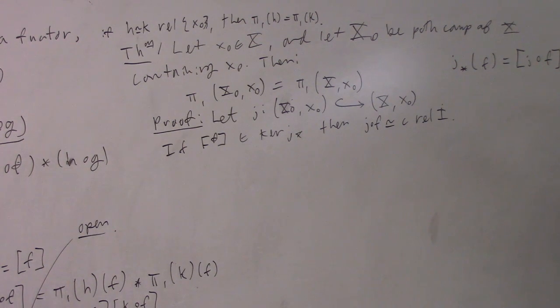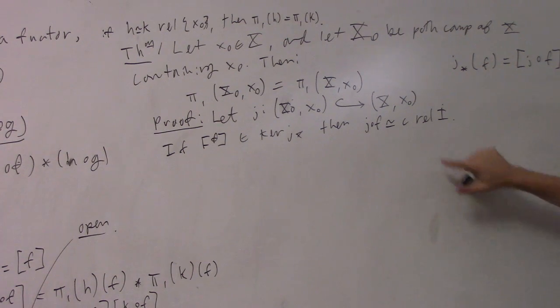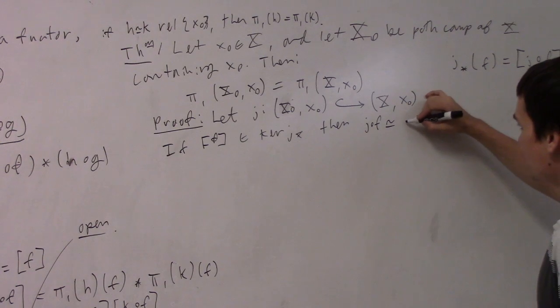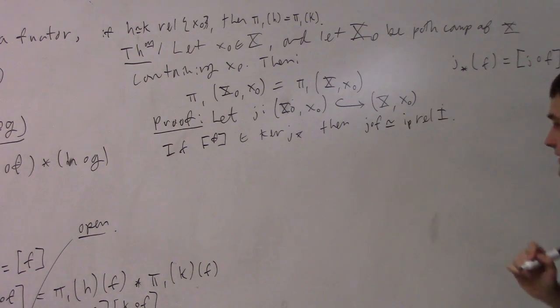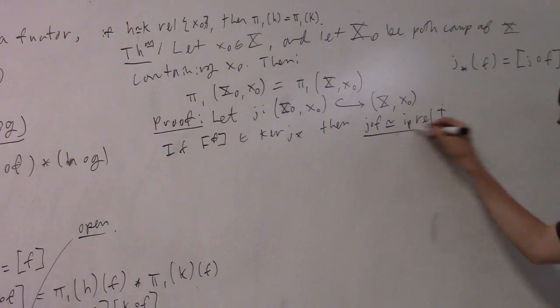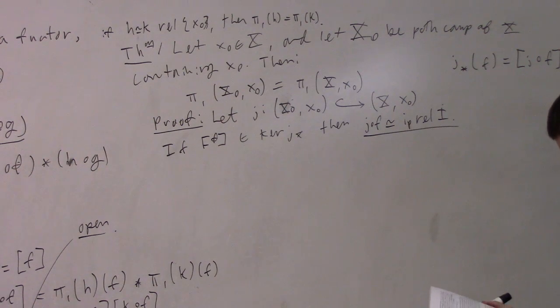And so, if f is in the kernel of this, this is equal to 0, which in our context is just the path class of a constant map. So specifically here, you could say this is I sub x naught.